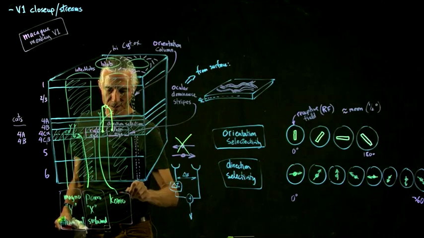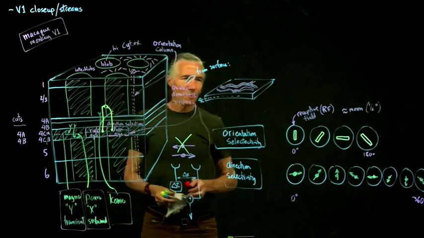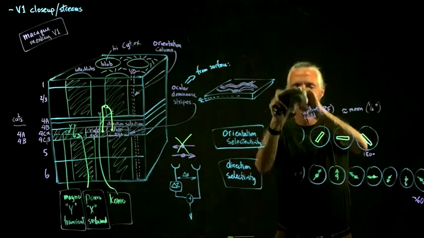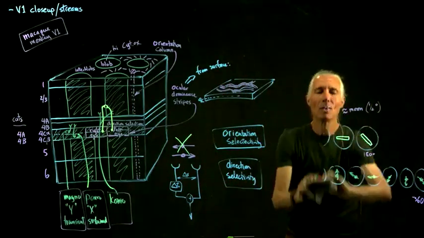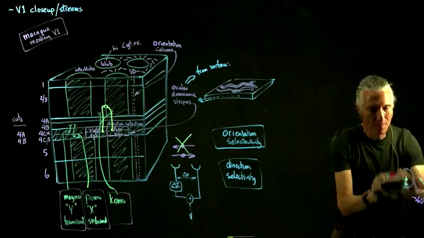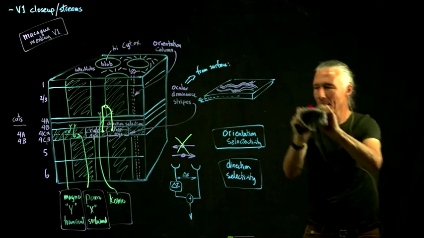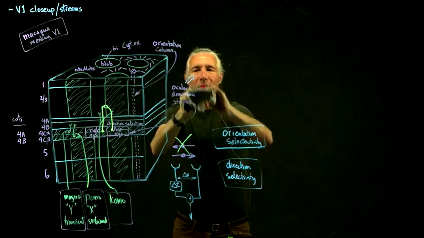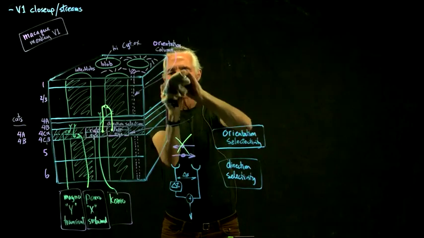Konio, same. None of these are direction selective or orientation selective. And so what we've done is we've combined information from them and constructed some higher level streams.